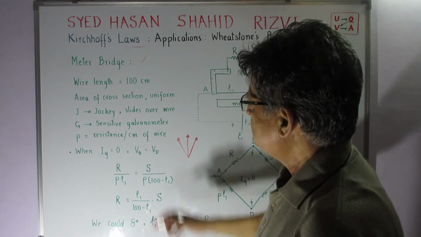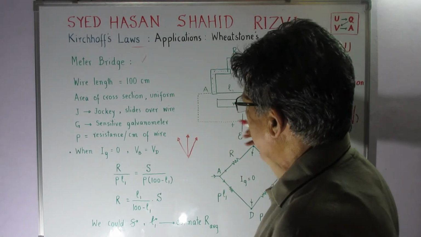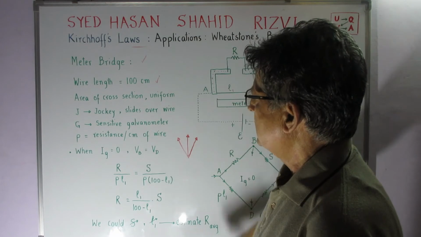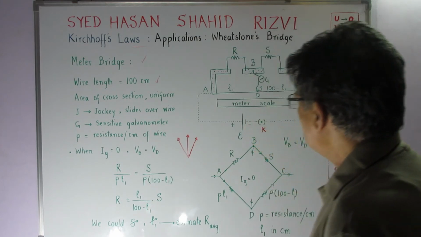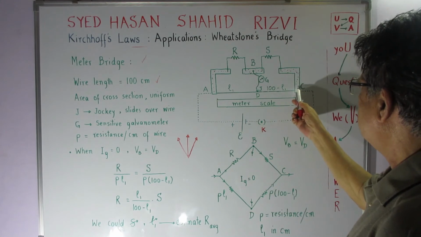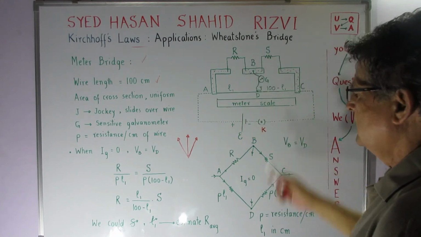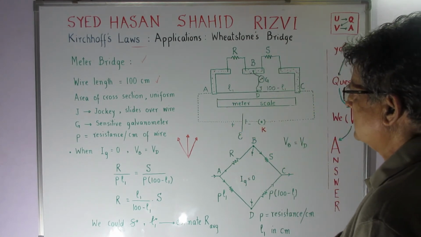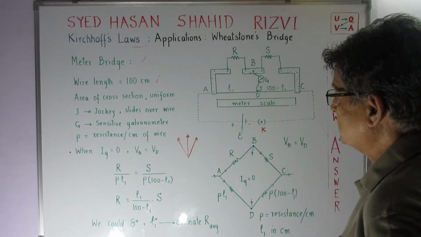So in the meter bridge, the wire length is 100 centimeters, and we have a wire between these points A and C, which are 100 centimeters apart.